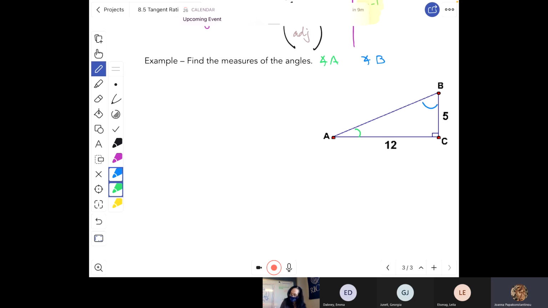If I want to find the measure of angle A using our tangent trigonometric ratio, I would say the tangent of angle A is 5/12. So to solve for A, I would be taking the inverse tan of 5/12, right? Because technically I'm doing the inverse tan here and the inverse tan here.